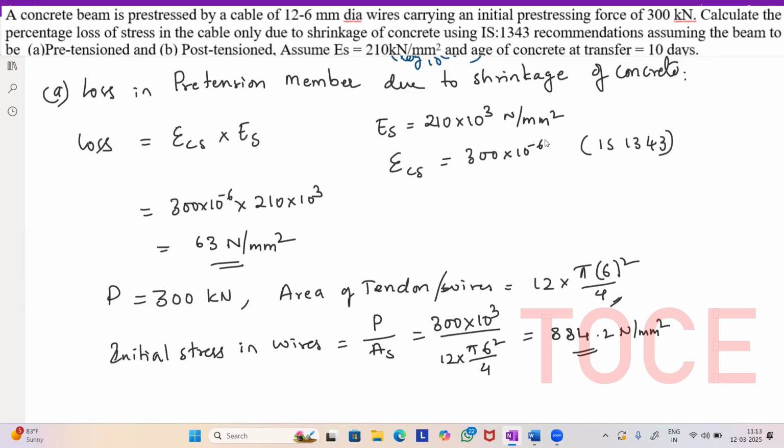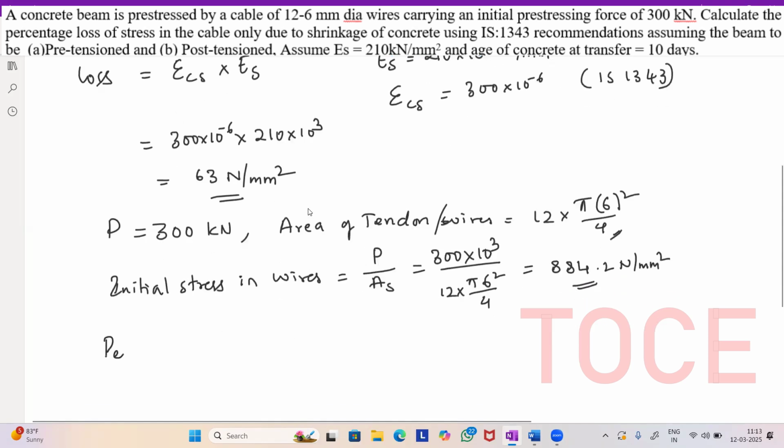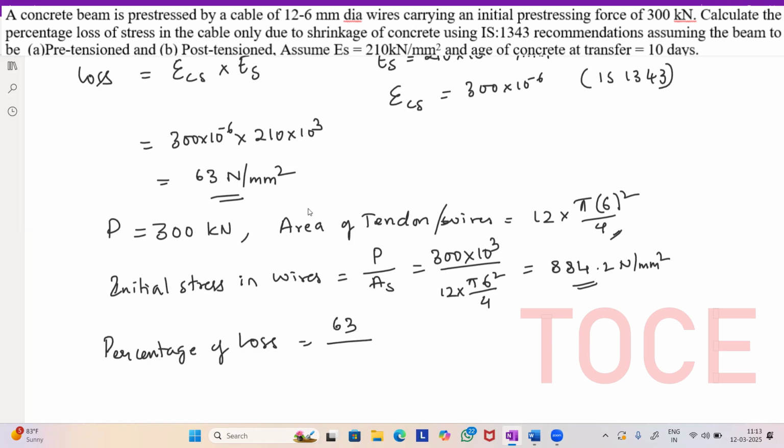So we got the initial stress in the tendon and the loss of pre-stress. Now we can find the percentage of loss. Percentage of loss is equal to 63 divided by the initial stress, that is 884.2, into 100. It will be around 7.13%.